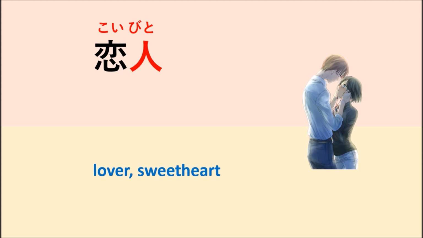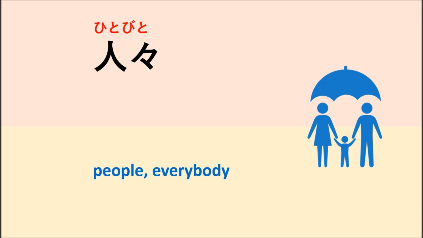And you see that the reading of the kanji hito here becomes bito. Why? Because the kanji of hito is at the back of the kanji of koi, so we put dakuten and say koibito. We don't say koi hito. Say koibito.